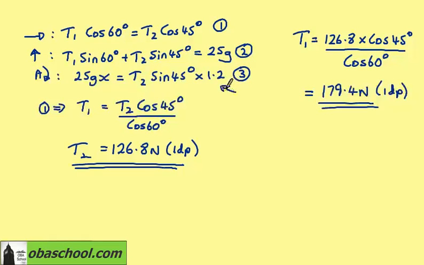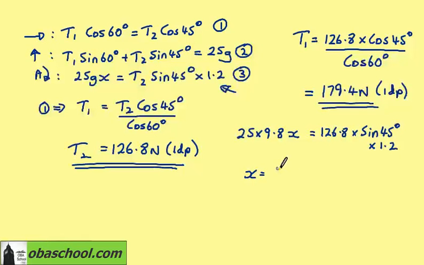We can now use equation 3 to find x. 25 times 9.8 times x is equal to T2, which is 126.8, times the sine of 45 degrees times 1.2.